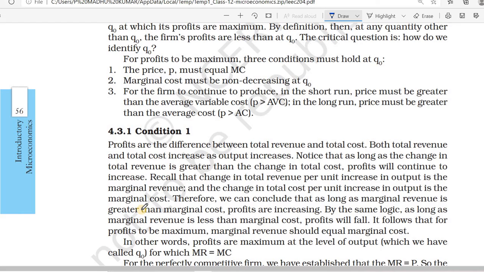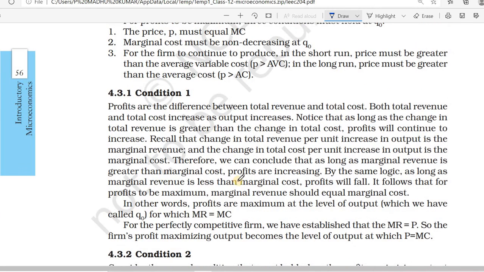We know what marginal revenue is; we already studied that. Marginal revenue must be greater than the marginal cost. Only then can we call it profit.